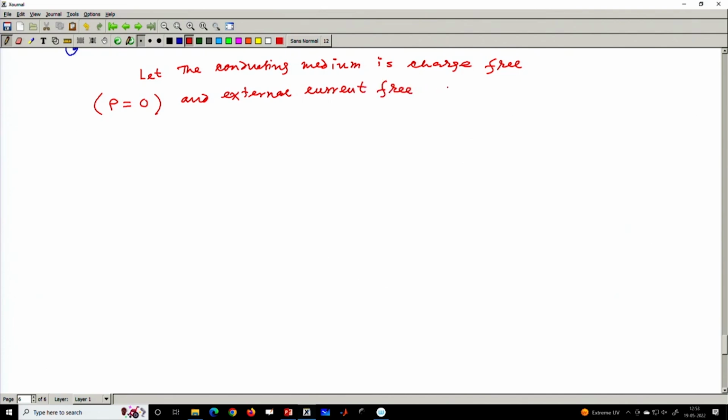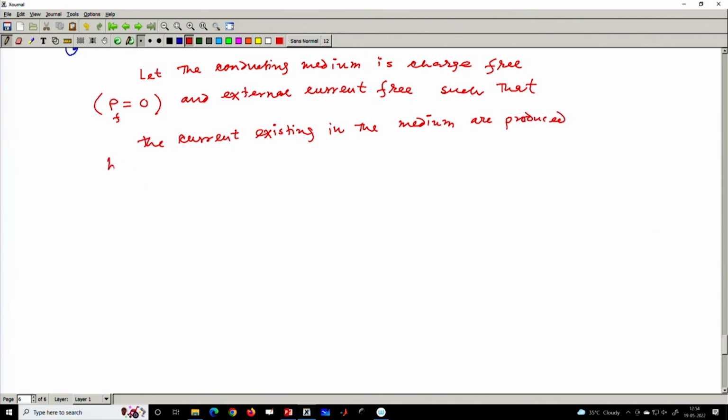External current free means there is no free current density, so J F is also 0, and this is such that the currents existing in the medium are produced by the EM wave itself.